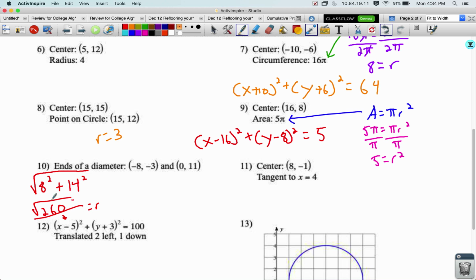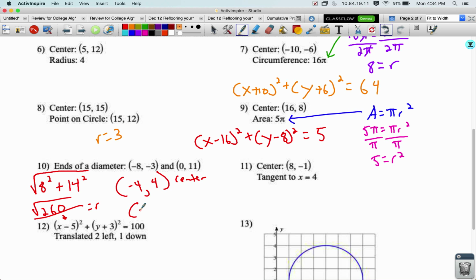Let's just wait till we square it, and then we'll square the top and the bottom, and then we'll simplify from there. All right. So also we need to do midpoint to find the center here. So average the x's, and we'll get a -4. Average the y's, let's see, 11 plus a -3 is 8, divided by 2 is a 4. So (-4, 4) is the center.